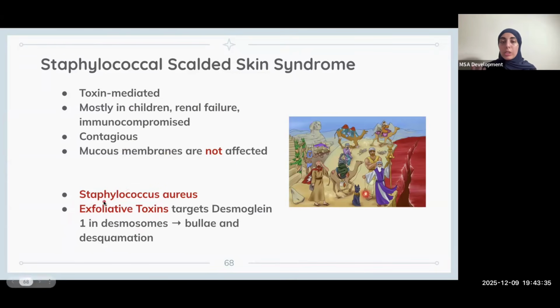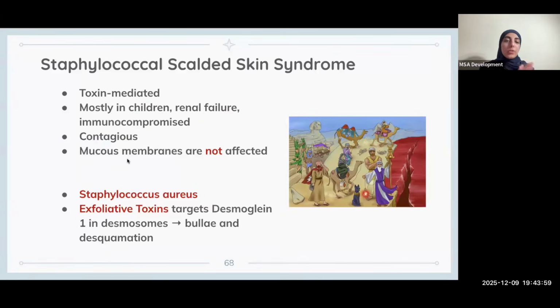Okay, Staph aureus is just somewhere in the body, like not necessarily on the skin. It's just floating around, forming the toxin, and the toxin is damaging the skin. And this is mostly seen in children, renal failure, immunocompromised patients. And you should also know this point that Staph scalded skin syndrome does not affect the mucous membranes. And by mucous membranes, I mean the oral cavity.